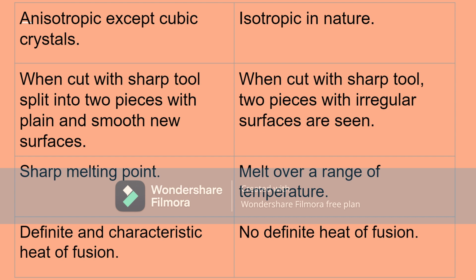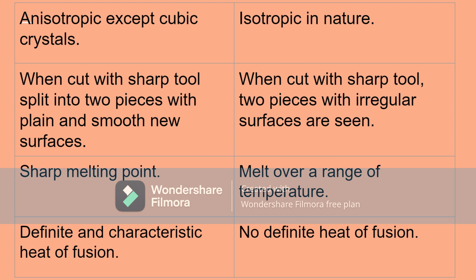Now, when it comes to the cleavage property, crystalline solids, when cut with a sharp tool, split into two pieces with plain and smooth surfaces. Whereas amorphous solids, when cut with a sharp edged tool, get divided into two pieces with irregular surfaces.